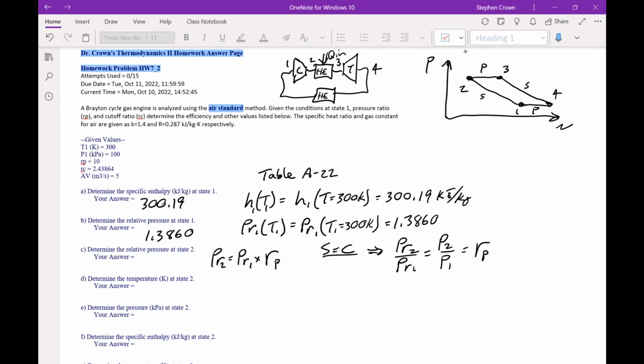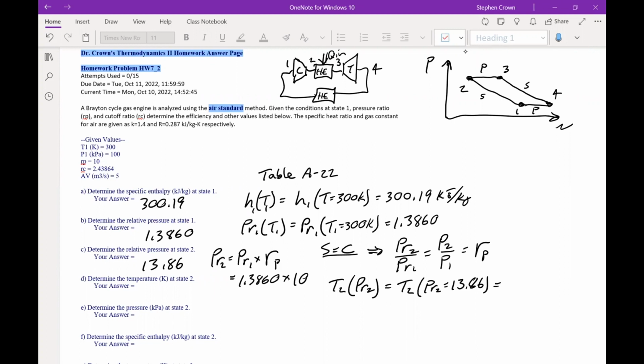In this case, Pr1 is 1.386 times rp, which is 10. So 13.86. And now, since this is still the isentropic process, I can find T2 as a function of Pr2, where Pr2 is now known as 13.86.